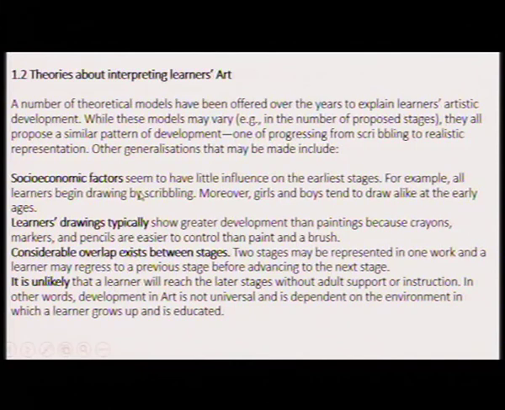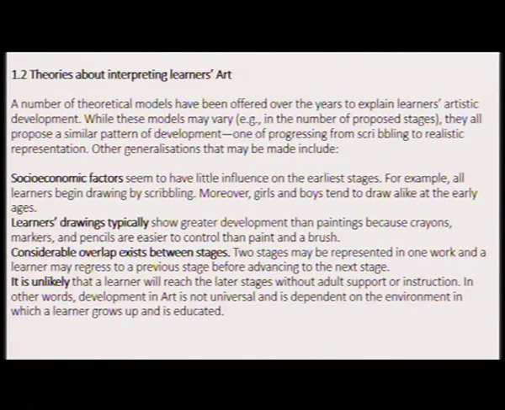So, other generalizations that might be made include, as I stated before, the socio-economic factors. What does that mean? It means they have little influence on the earliest stage. For example, all learners begin drawing by scribbling, like we explained before, drawing a picture without coordinating it.